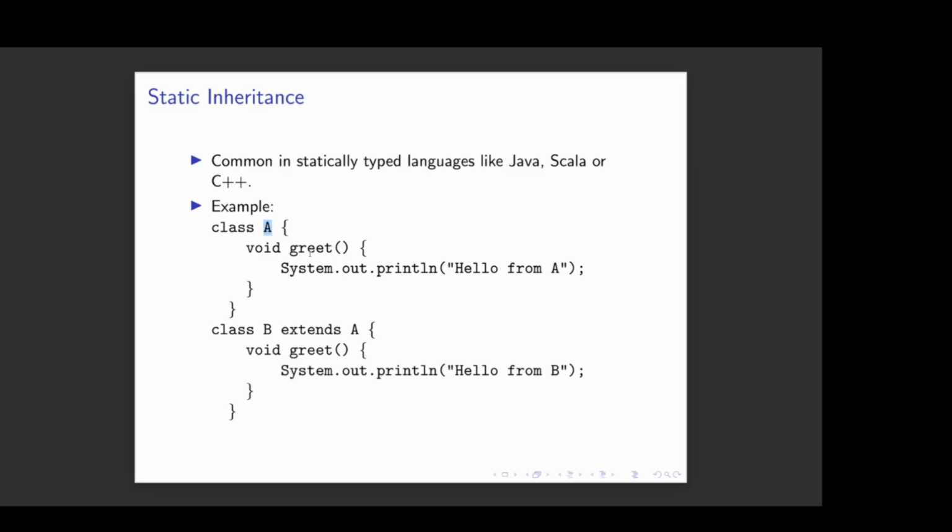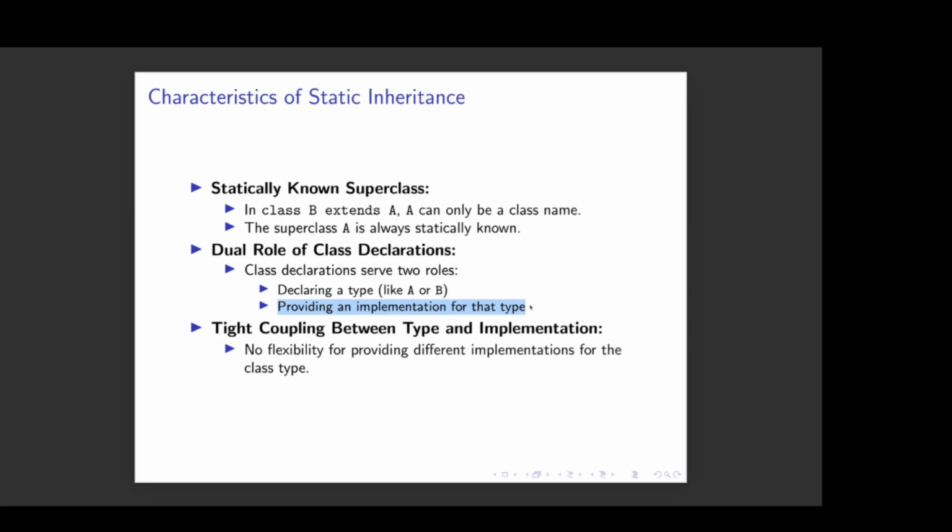So class declarations serve this purpose of declaring a type, and they also serve the purpose of providing an implementation for that type, right? So here, in addition to declaring a type that has a certain interface, you also provide some implementations.